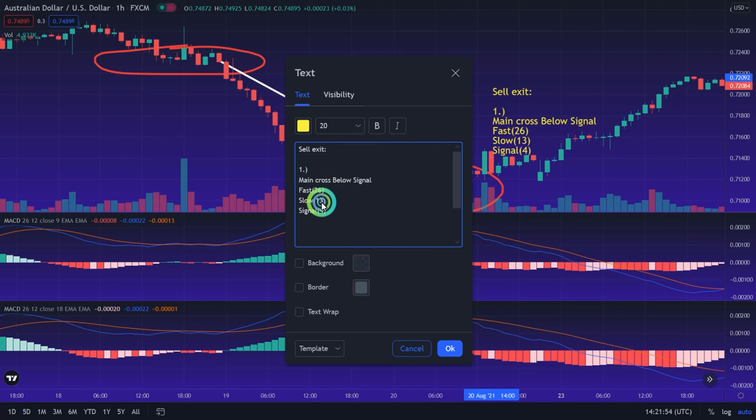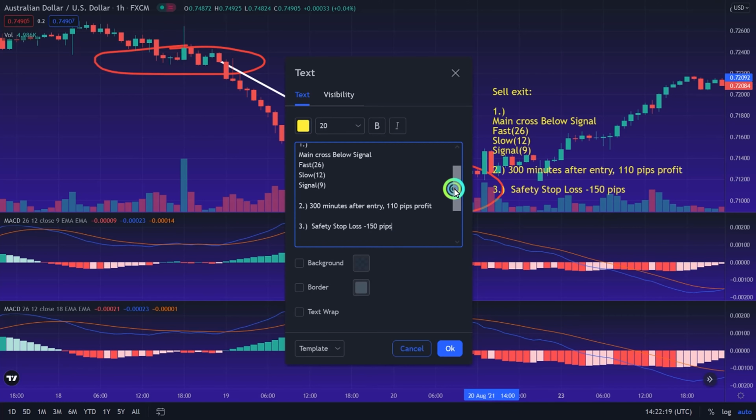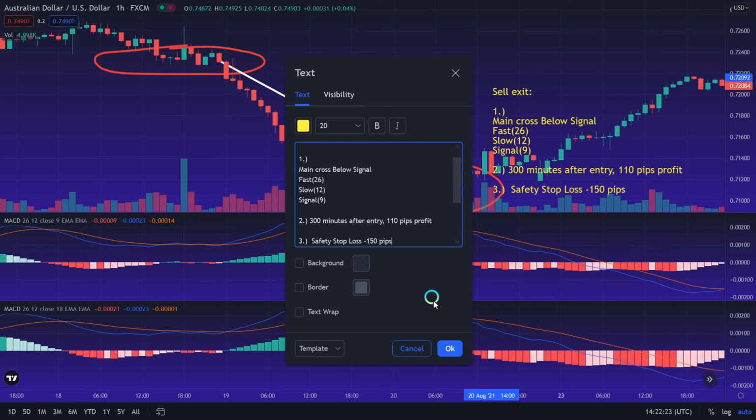Actually, as you know, with the buy exit, we are using the basic 26, 12, and 9 periods. And we have our second and third condition, but those are just the same as with the buy strategy.